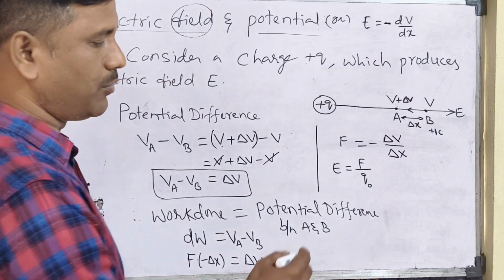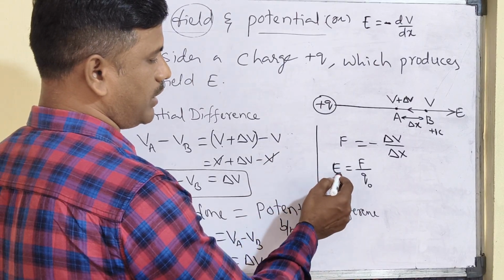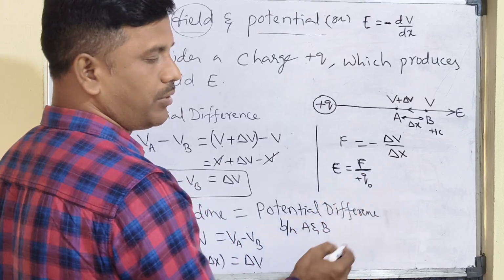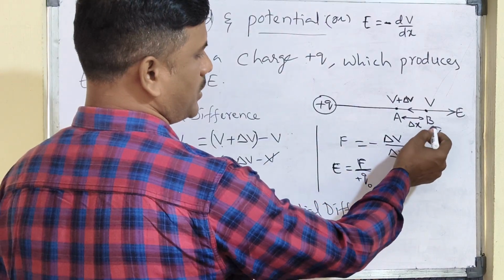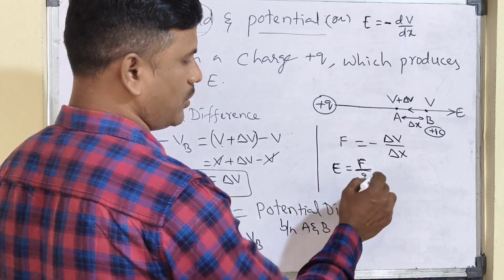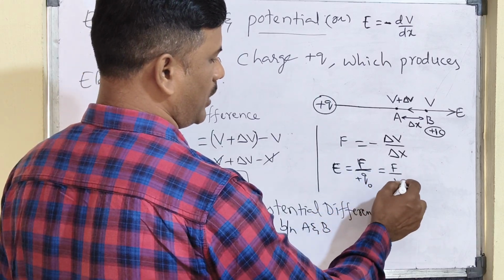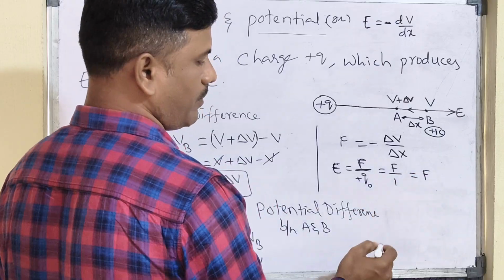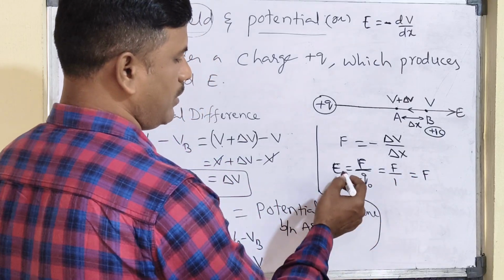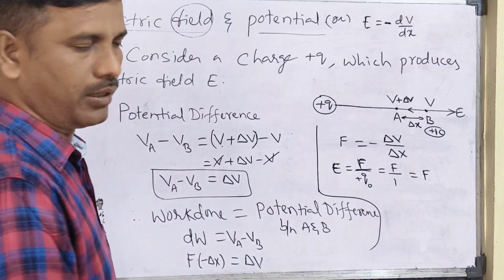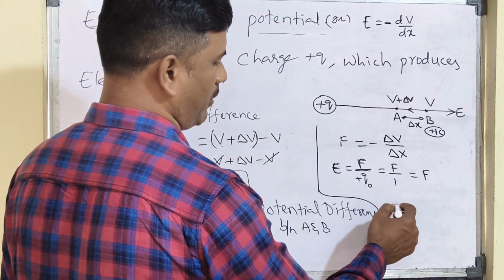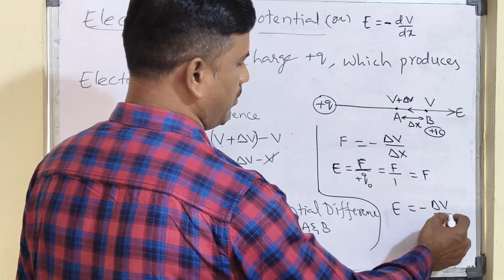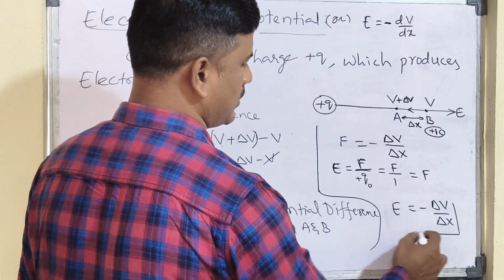The unit positive test charge here is 1 coulomb, so F divided by 1 coulomb is F only. So E is equal to F. Now substitute that value here: F is equal to E. So E is equal to minus delta V by delta X.